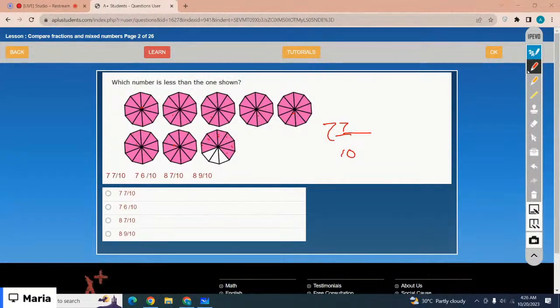So which is less than 7 whole 7 over 10? Yes, that would be 7 whole 6 over 10. Very good.